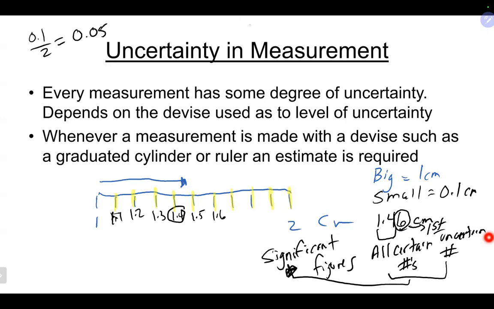So sometimes people will record this as 1.46 centimeters plus or minus 0.05 to indicate how far you can take the actual reading. I'm not a tremendous fan of that, but some people will do that. You don't have to do that for me, but others, maybe as you go to 1A, might want you to do it that way. But you definitely should record this as 1.46 centimeters, which would have 3 significant figures.